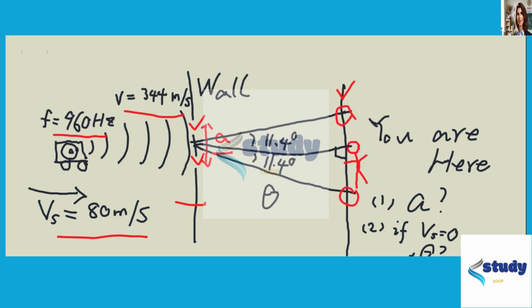At those two places, the sound cancels, which means you hear nothing. You find that the angular positions of those two special points equal plus 11.4 degrees and minus 11.4 degrees.